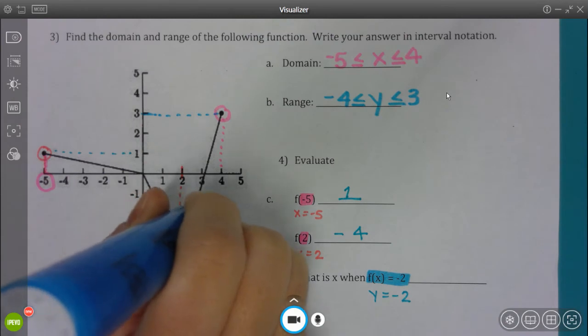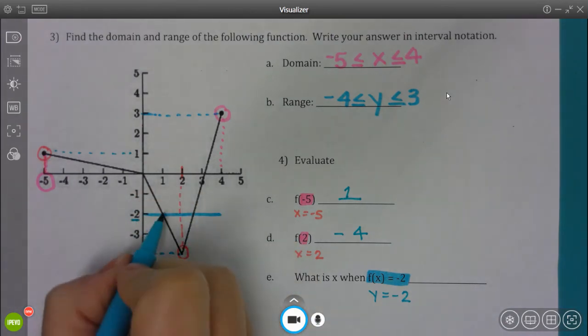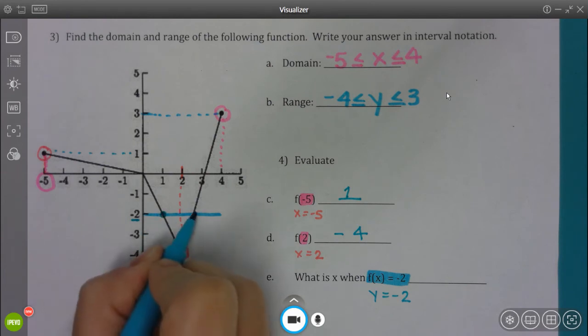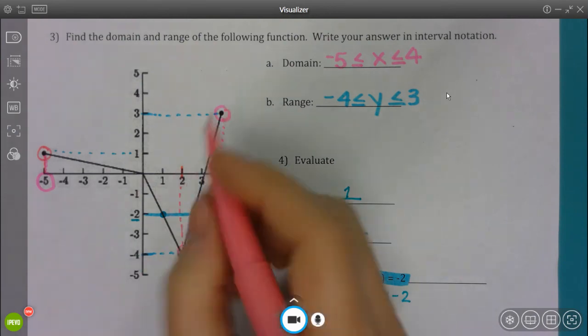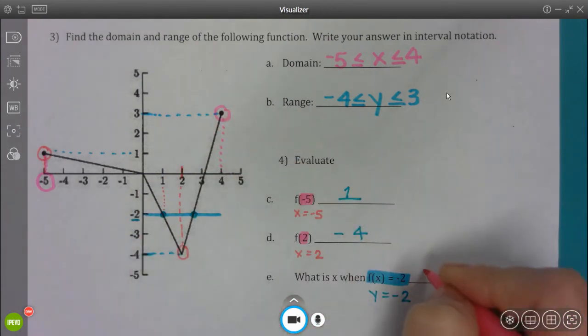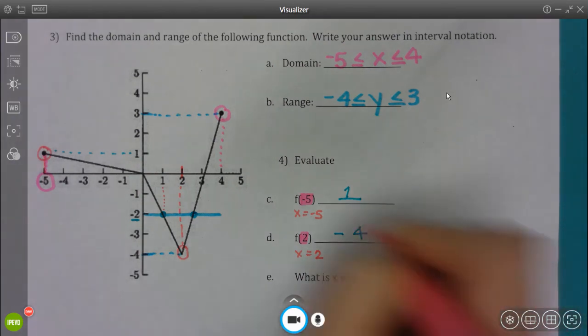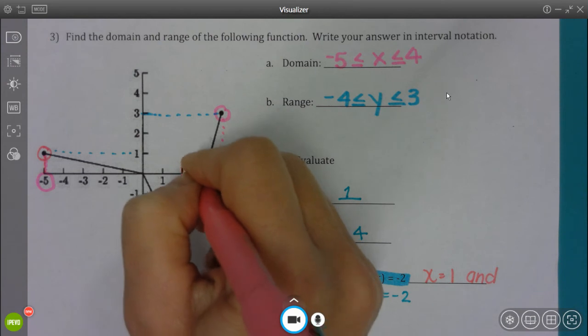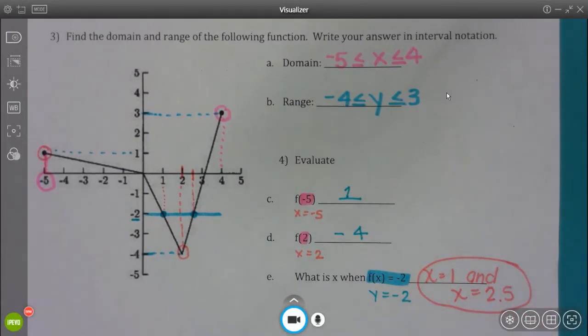And I'm doing that in this case because we again have a scenario where I have 2 points I need to consider. So for this one, I have x equals 1, and I have x equals 2.5. And both of those are answers.